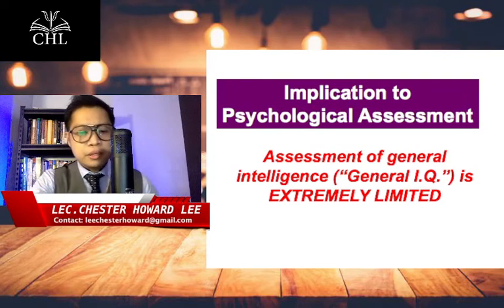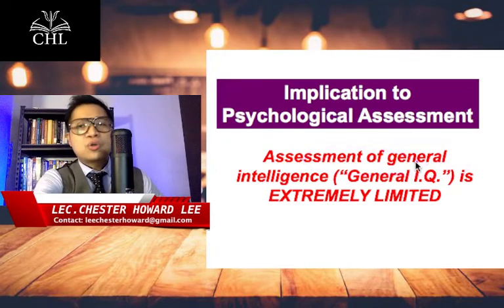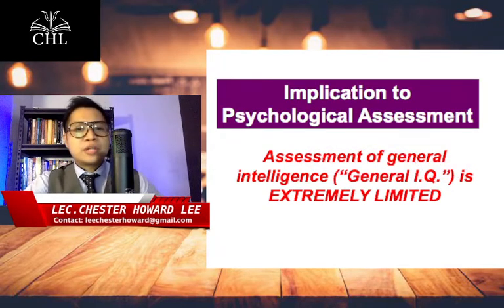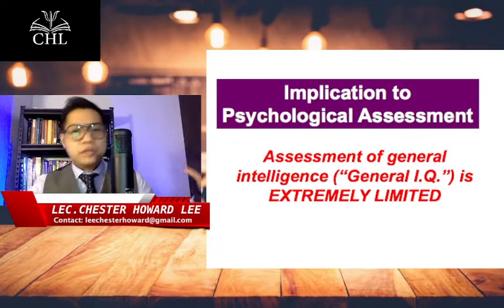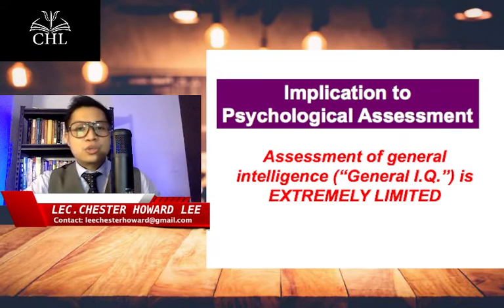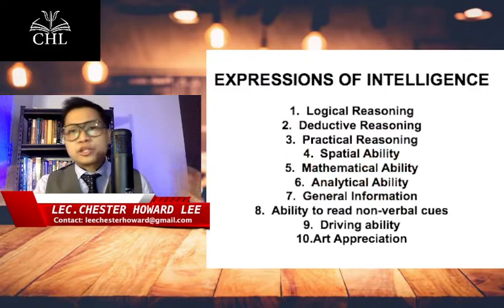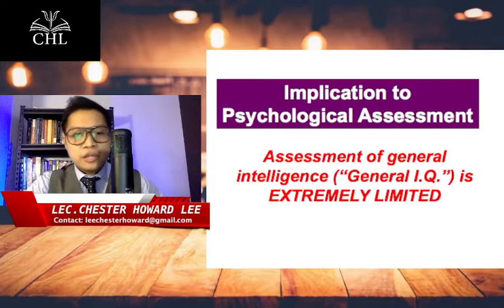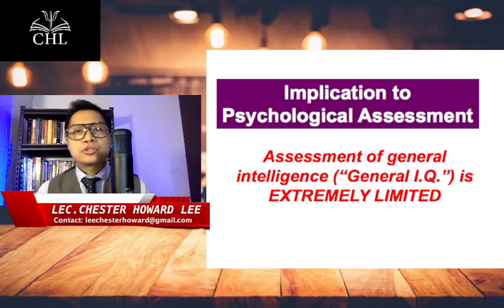But the problem is, if you just have the general IQ of a person, you can only say so much about the person. Wala ka masyadong masasabi tungkol sa kanya. Kasi general IQ yun eh. Intelligence is so rich na marami siyang ganyang expressions. So kapag nag-focus ka lang sa general IQ, hindi masyado magiging comprehensive yung understanding mo about the person's intelligence.